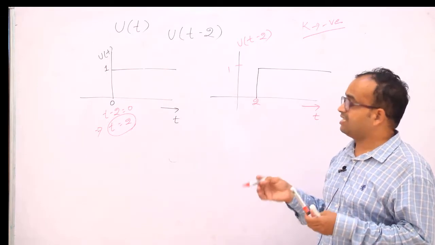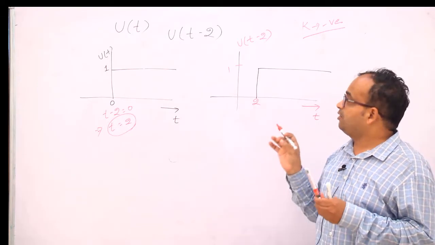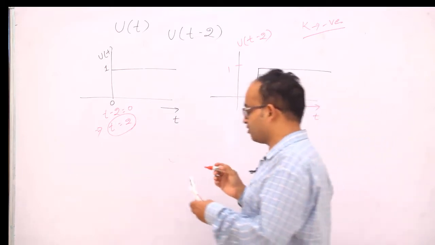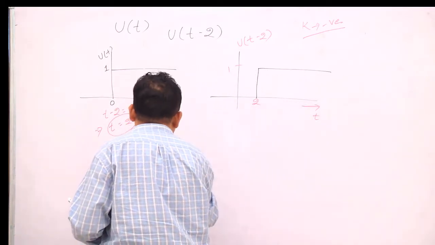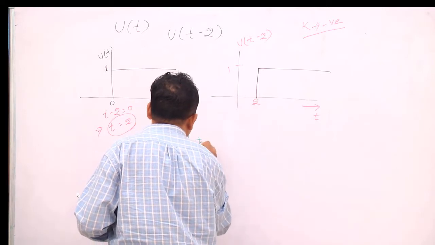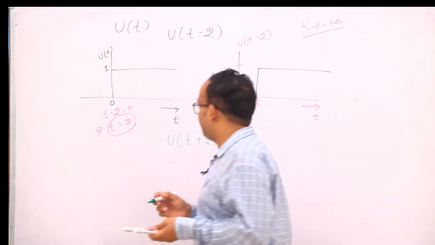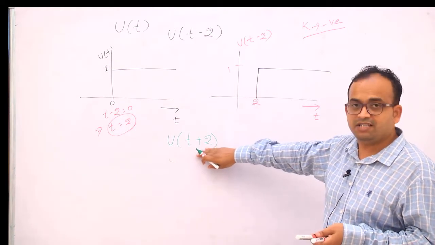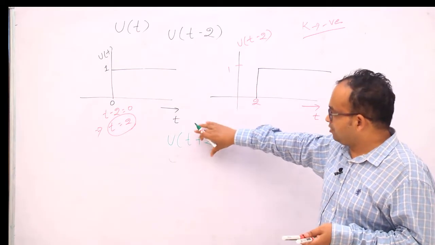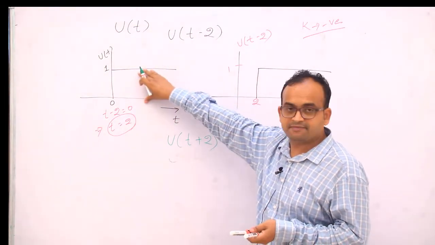Similarly, what happens if we want to find the value of u of t plus 2? Let us draw here u of t plus 2. For u of t plus 2, the same thing: I have to do this operation over u of t, right?